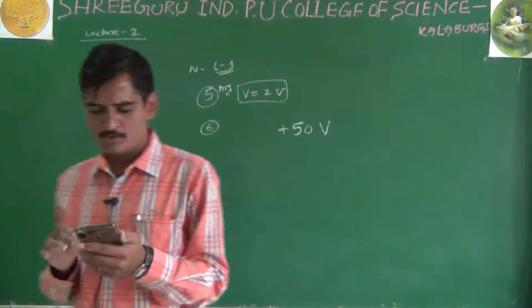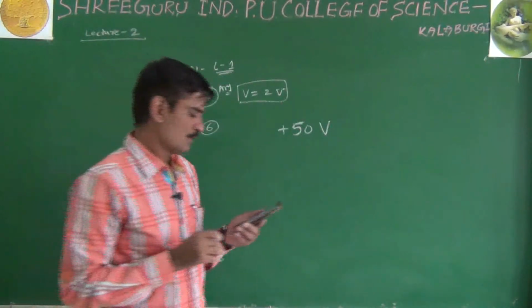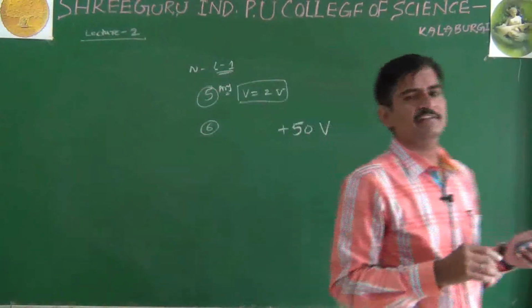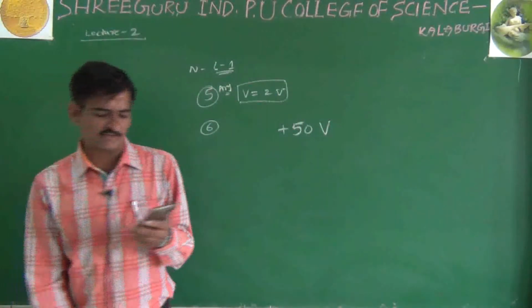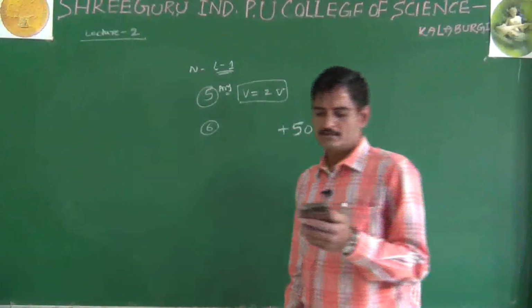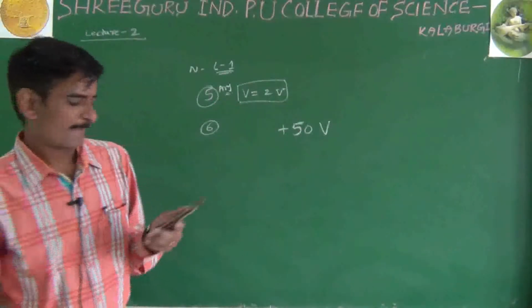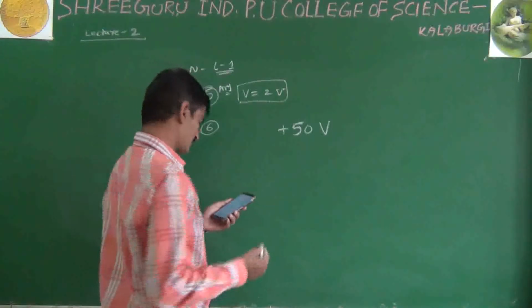You please stop. What is the magnitude and sign of the charge? Question mark. The answer for this one: only the magnitude I will tell, the sign you have to tell.